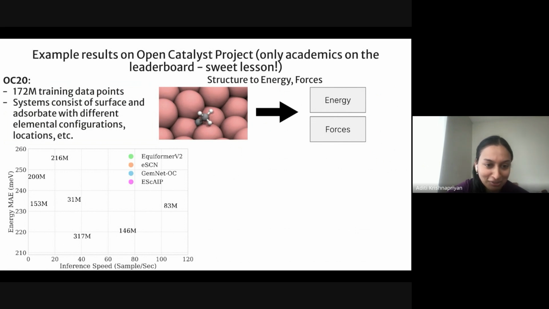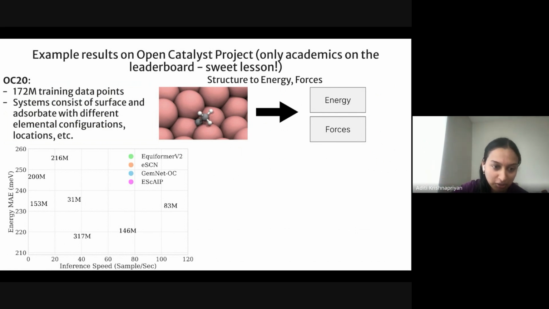The dots don't seem to appear for some reason, but what this is supposed to show is that the bottom part here is supposed to be the pink line showing inference speed over the error in energy MAE. So the eSEN model here is definitely pretty fast. The inference speed for the small model is quite high.